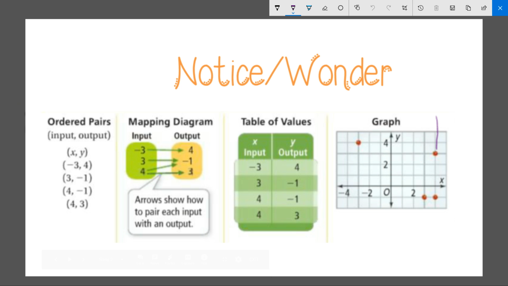If you can draw a vertical line through more than one point of a graph, whether it's a graph of a solid line or just a graph of points, it's not a function. We're going to go over all of that again.